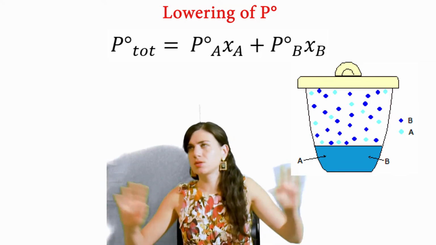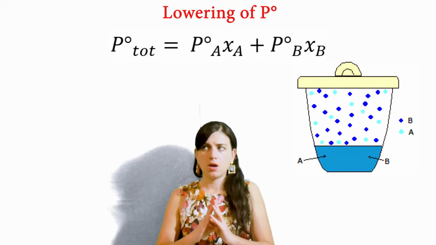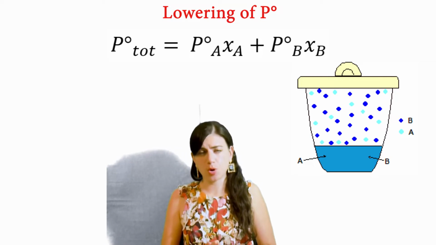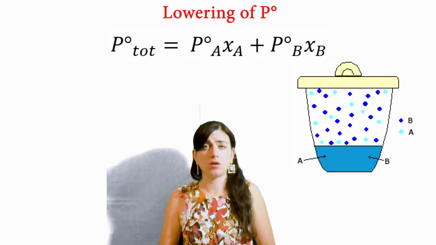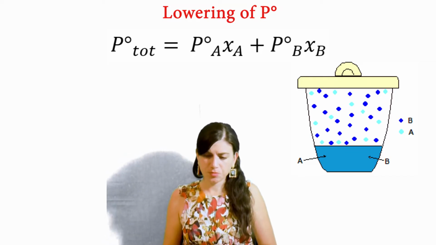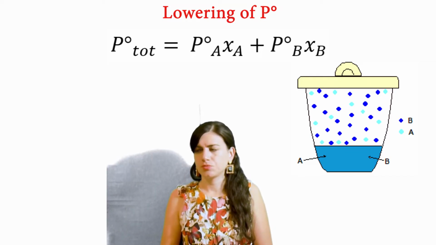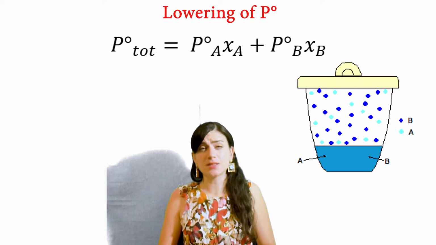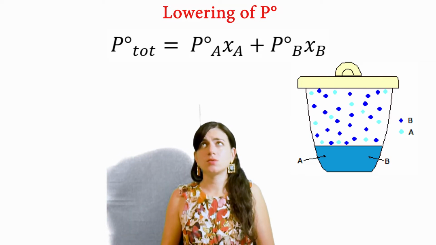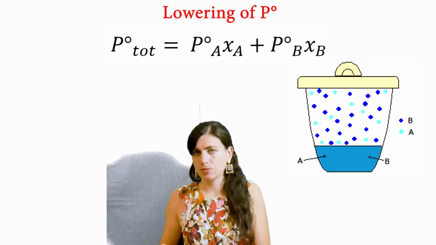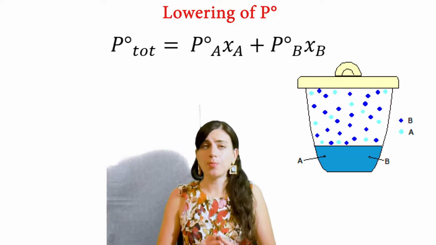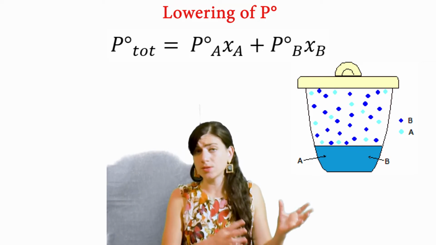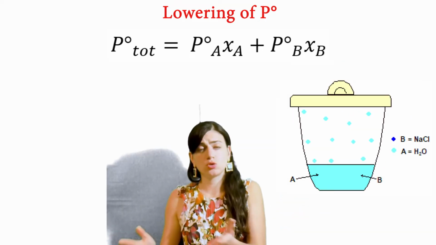Now, this equation that looks far away from our topic is actually related to our colligative property of lowering of vapor pressure, because if we consider B not as a liquid but as a solid, and we consider this solid to be not volatile, what will happen? We are again back to our example of water plus, for example, sodium chloride.